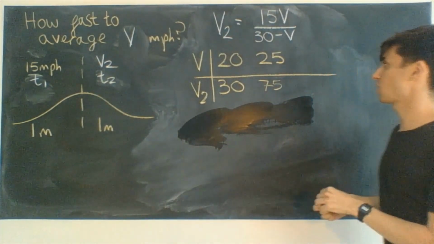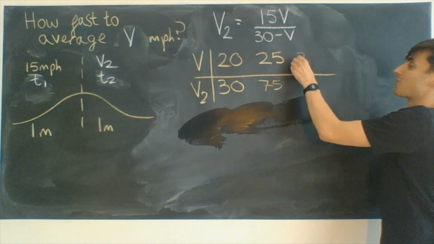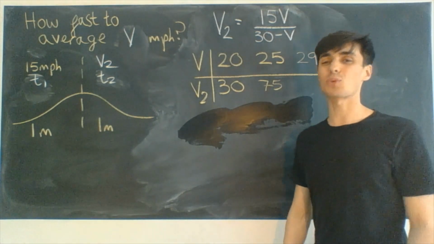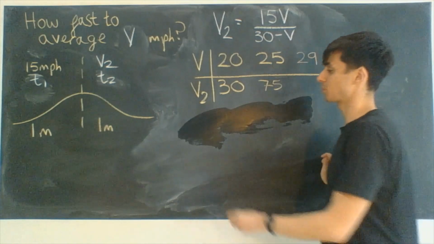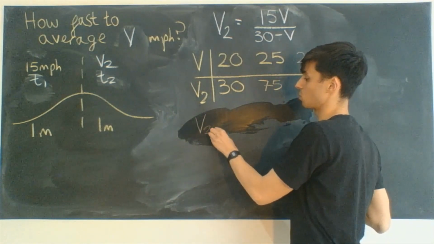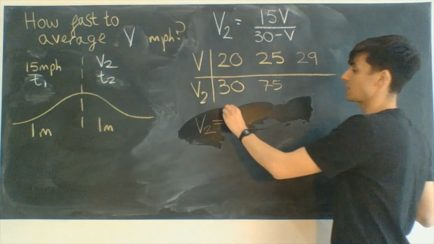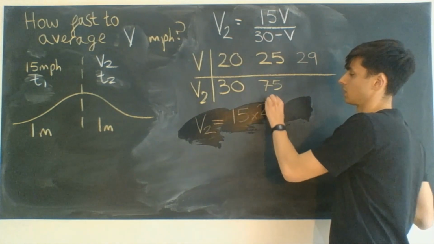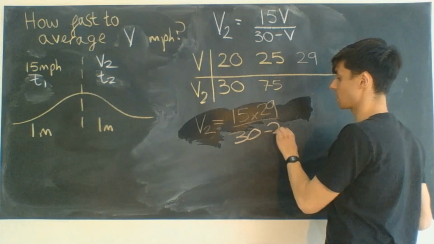Because my chalk's running a bit low, let's try a weird one, like 29. If you want to average 29 miles per hour, how fast do you need to go on the downhill? Well, let's try it. So v2 would be 15 times 29, and on the bottom we would have 30 take away 29.